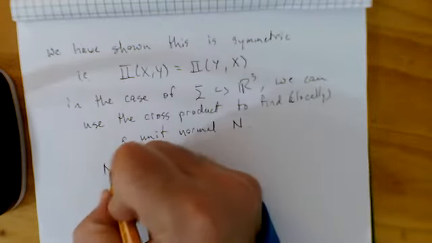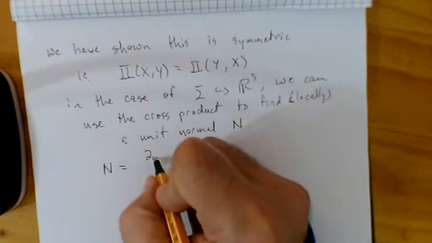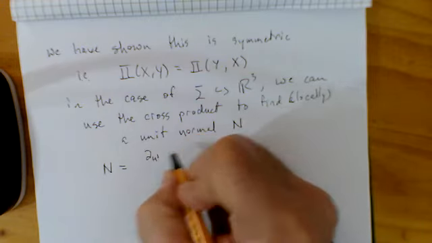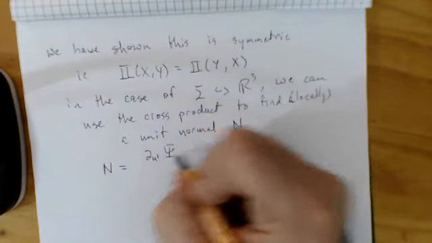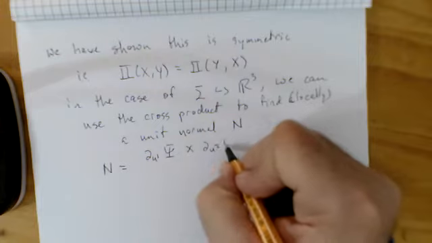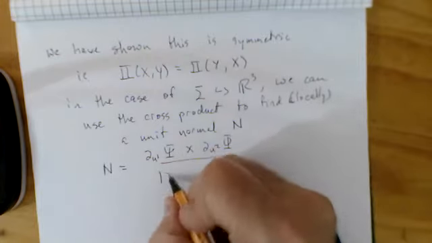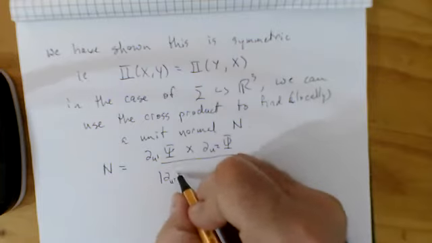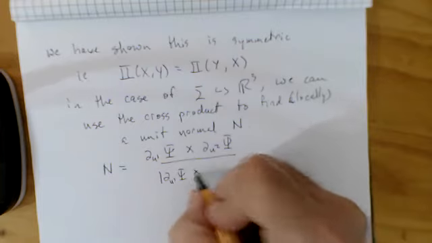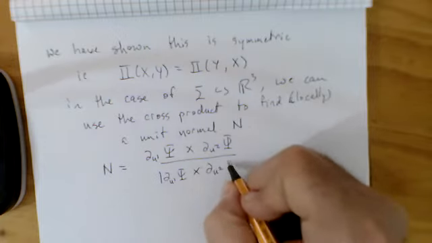And how do we write down this normal? We take the cross product of our two tangent vectors. And then we actually want to normalize this to have unit length. This normalization is really kind of a convenience.